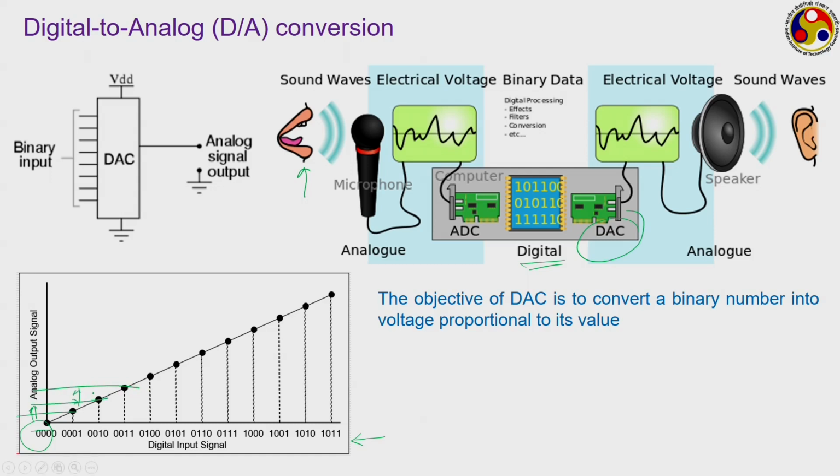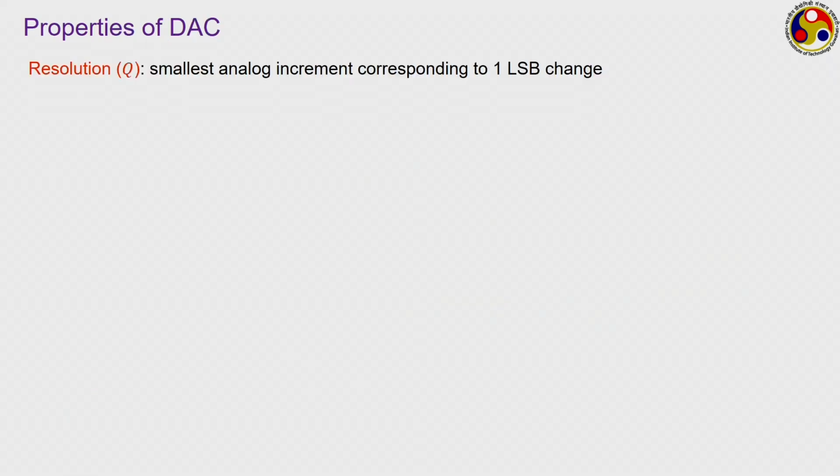So, this way each of them gives a finite value of the voltage, and the entire working procedure of this DAC is based upon giving the suitable voltage output corresponding to whatever binary number you are giving. There are several properties of importance to DAC, but most of them are already known to you.